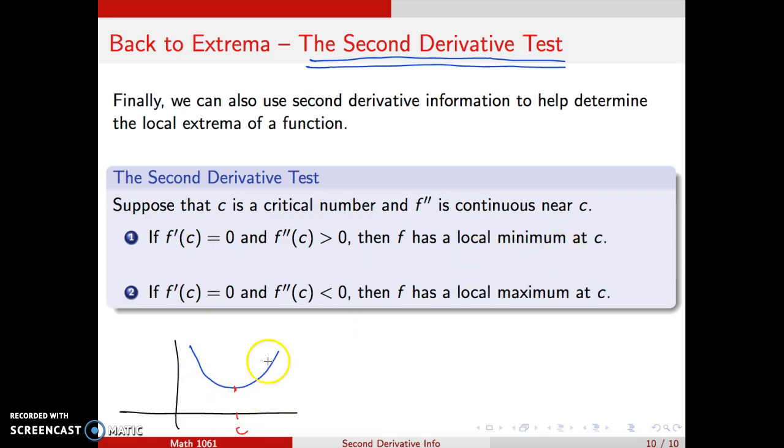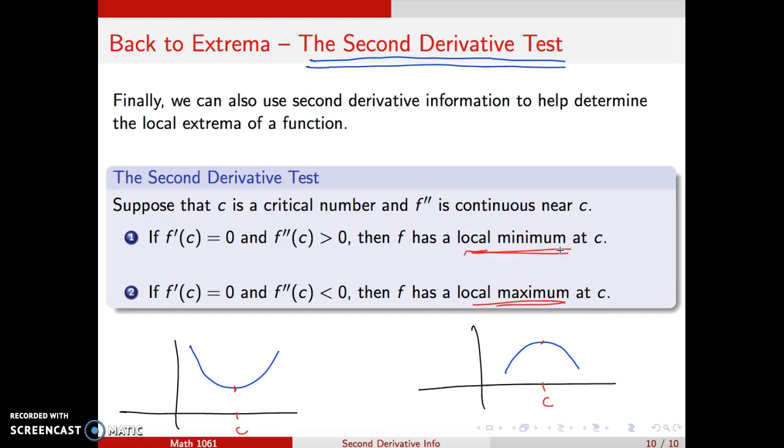That's just a way of identifying that it's a local minimum. Versus if it was concave down, that would be this condition, second derivative is negative, and that's a critical number, then you've got a local maximum.